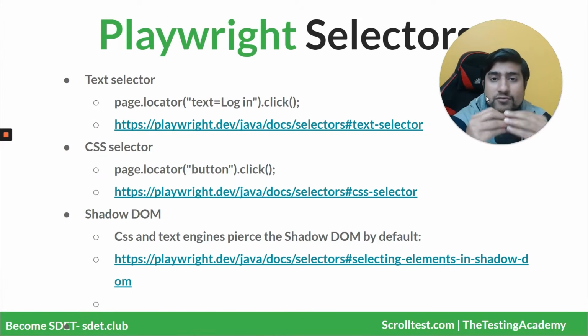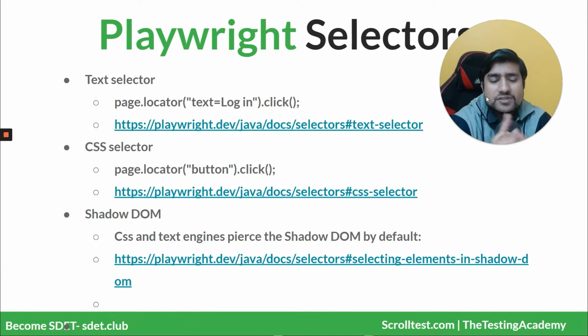That will give you a browser instance, and out of the browser instance you will get a page. Now suppose you have loaded a particular page and you want to locate an element and click on it. You can use the text selector, page.locator, and in the double quotes you mention text=login. Whenever it sees text=login, it will click on it.